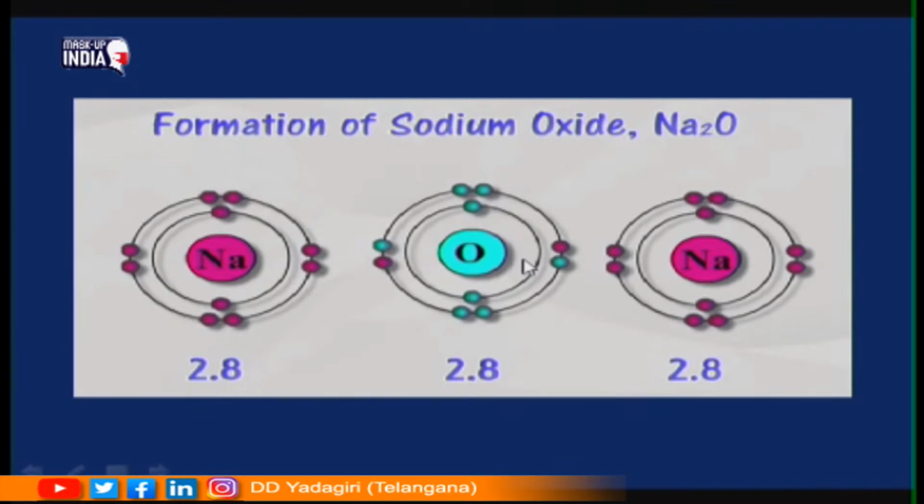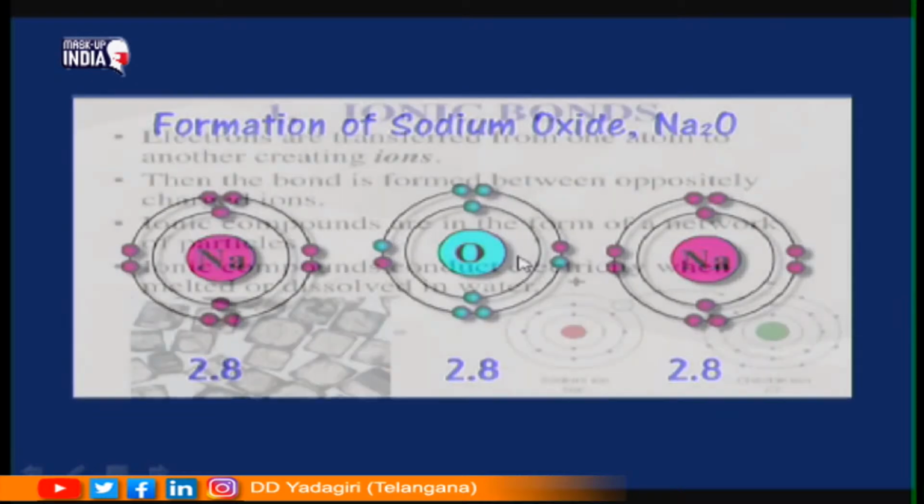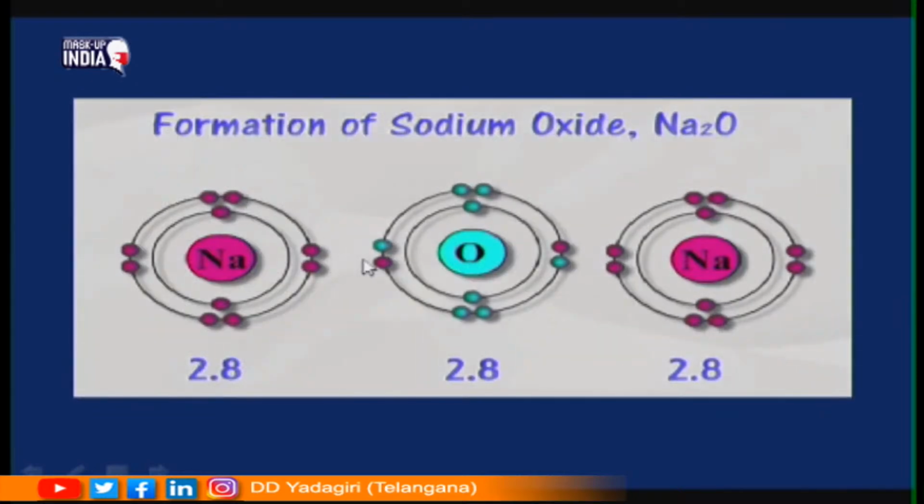The nearest inert gas is neon with atomic number 10 and electronic configuration 2, 8. So, to attain octet configuration like neon, oxygen gains one electron from one sodium atom and one more electron from another sodium atom.